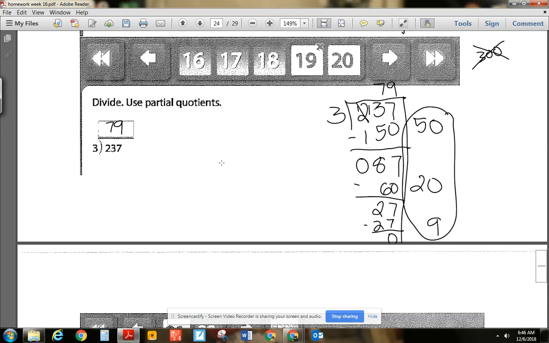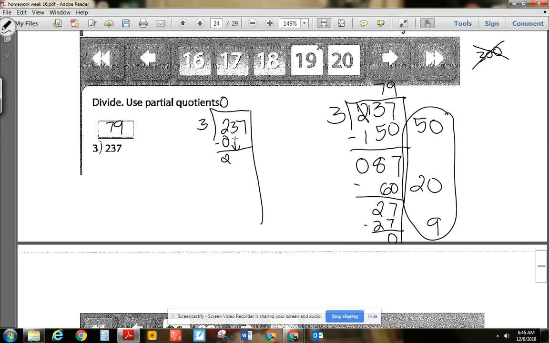I'm going to do this the standard way because I know a lot of us like this method. So 237 divided by 3. How many 3s fit into 200? 0. Well, 0 times 3 is 0. 2 take away nothing. It's 2.